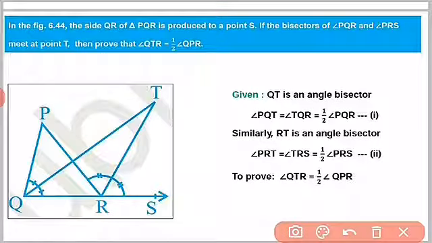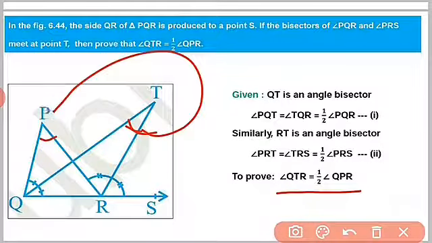In this question, we proved that this angle is equal to half of this angle. That is, angle QTR is equal to half of angle QPR. This we proved, so we can use this proof directly for solving the above question.